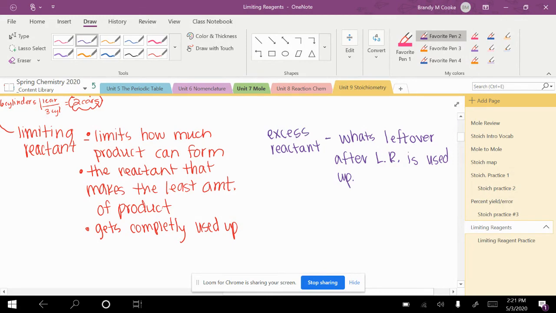So it's basically the other reactant, in quotes, the other reactant. So we have limiting reactant and excess reactant.